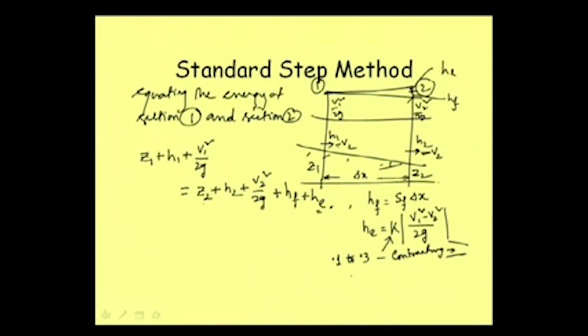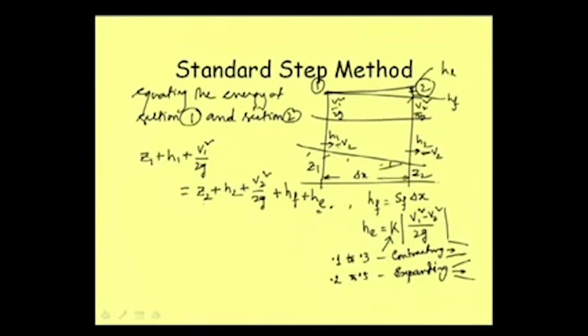And then it is 0.2 to 0.5 for an expanding channel, when the channel is expanding like that. That means it is clear that this eddy loss will be more when a channel is expanding than in contracting. That part is very obvious from these values, and this point we need to take care of.